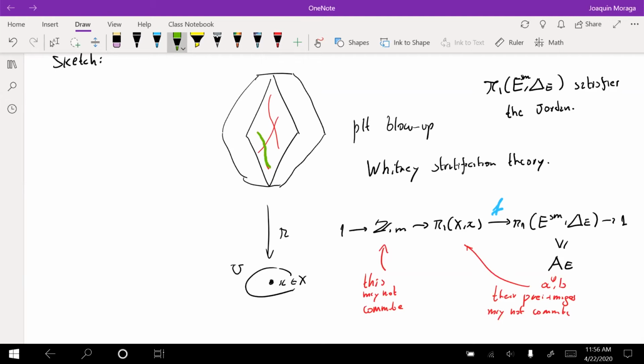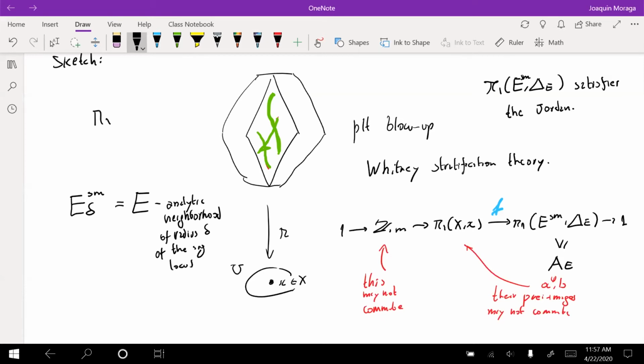So you essentially fatten the singular locus a little bit, and we will call this E delta SM. So essentially this is E minus some analytic neighborhood of radius delta of the singular locus.